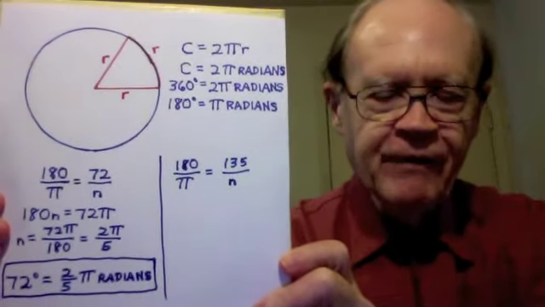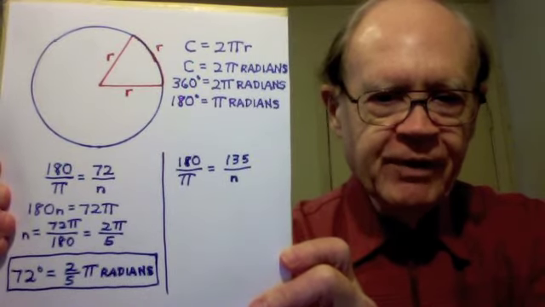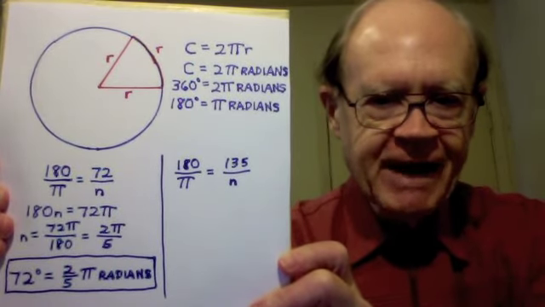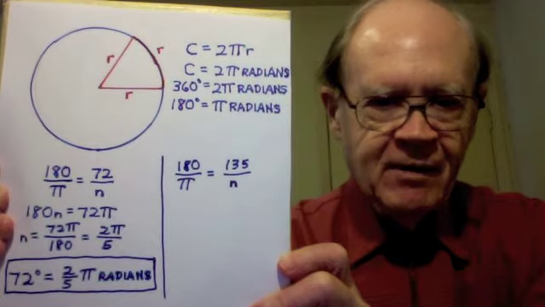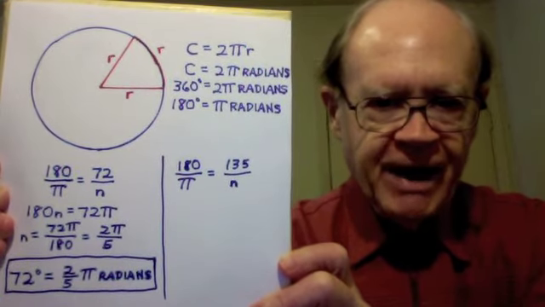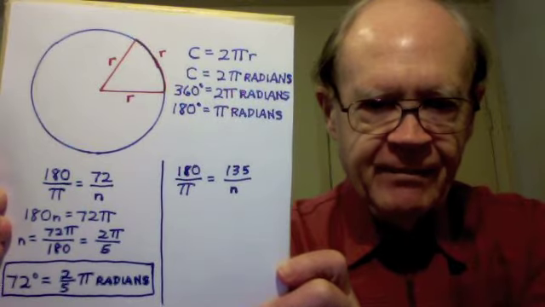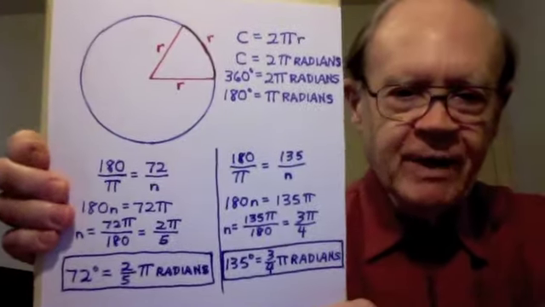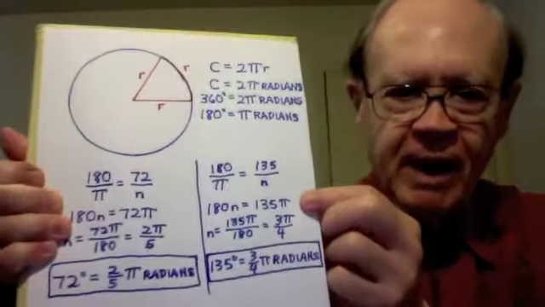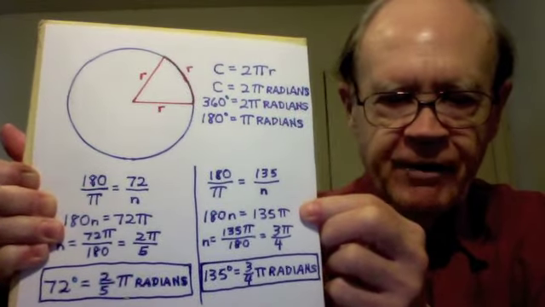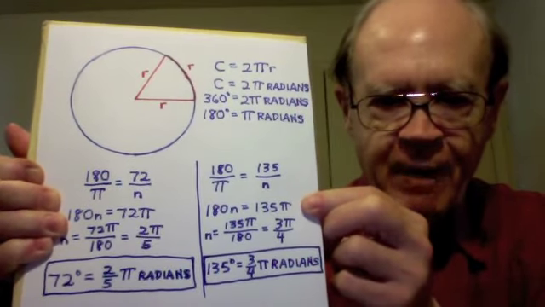Now for my other follow-up question, 135 degrees is exactly how many radians? We set up the proportion 180 over pi equals 135 over n. We solve that equation the same way. We cross-multiply, giving 180n equals 135 pi.